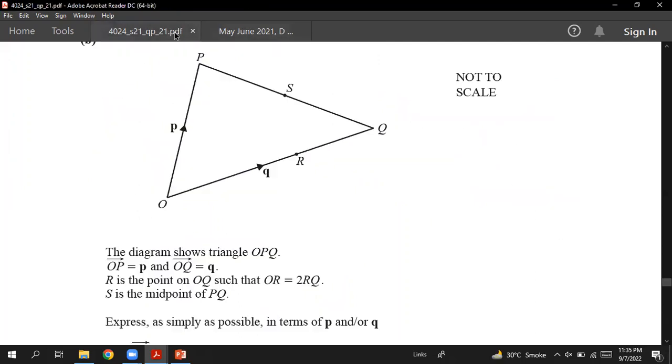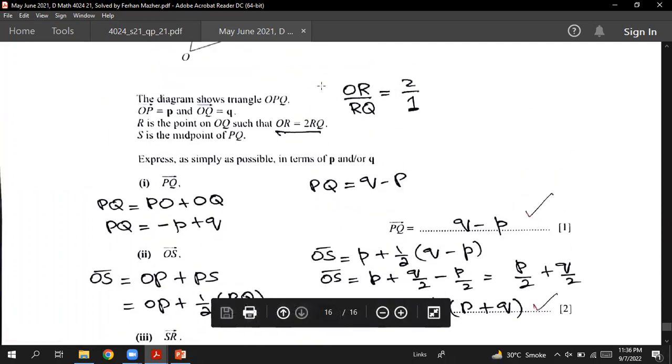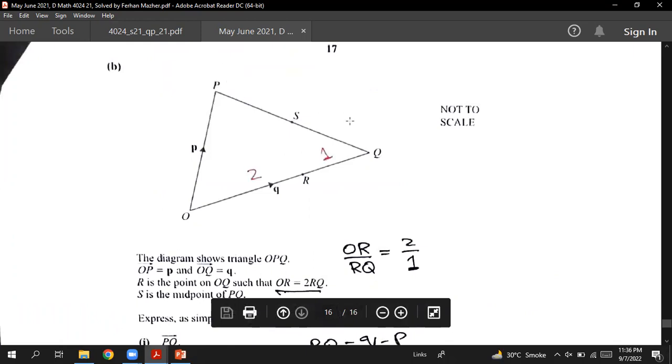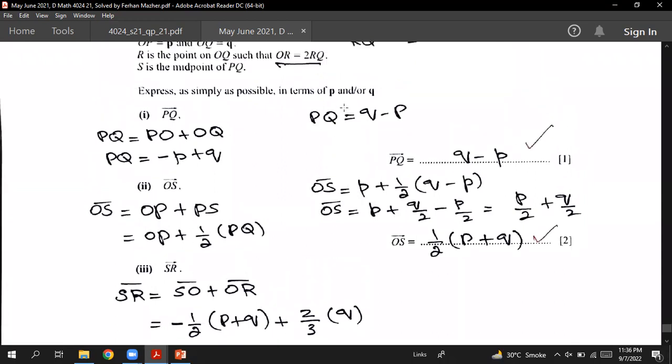The next question they ask us is to find OS. Very simple. From O go to P, from P go to S. That will give you OS. For OS, it is OP plus PS. OP plus 1 by 2, PS is 1 by 2 of PQ. So OS will be equal to OP, which means P, plus 1 by 2 of PQ, which means Q minus P. So OS will be equal to P plus Q by 2 minus P by 2.